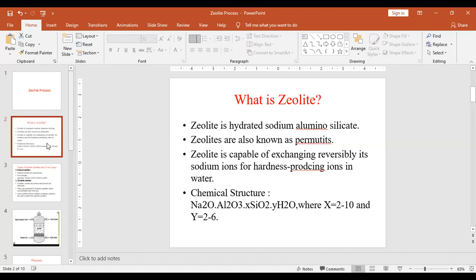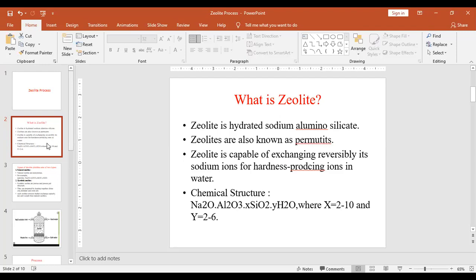Zeolite is capable of exchanging reversibly its sodium ions for hardness producing ions in water. And hence the zeolite method is sometimes also known as the ion exchange method.